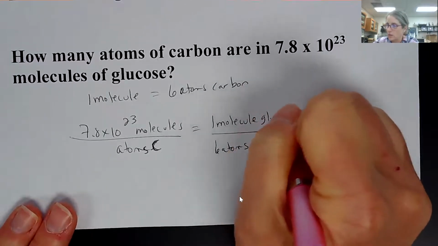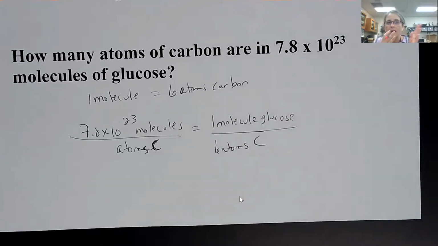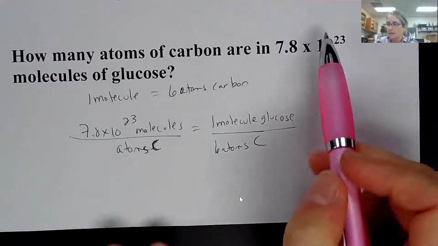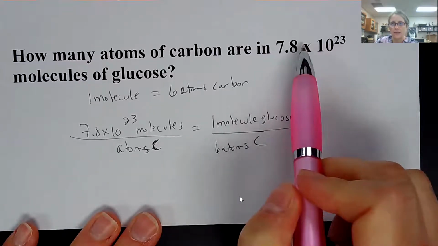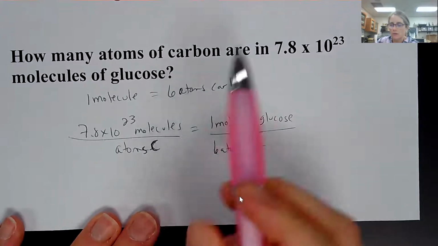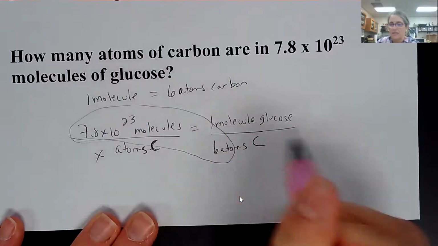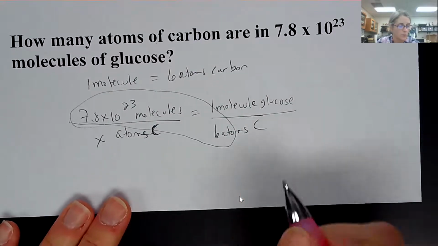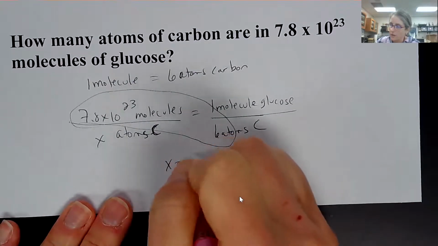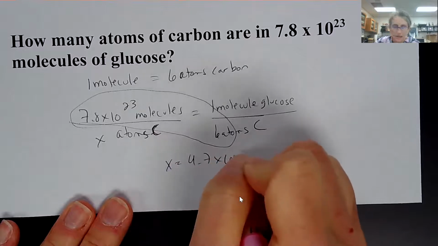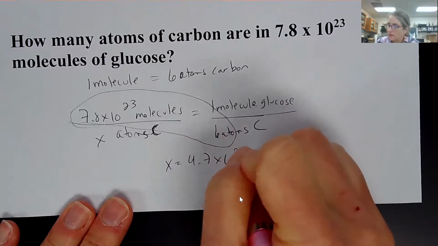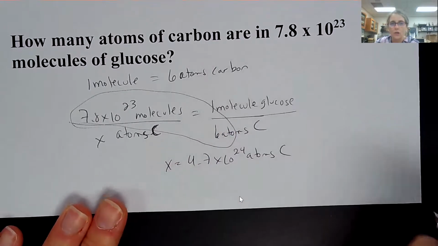What we're really doing is breaking that molecule up into all of its individual parts. Molecule, that's a big number, please understand that. But what we're going to do is essentially cross multiply to find my x. It's going to be 6 times that number of molecules. So I have 4.7 times 10 to the 24th atoms of carbon.